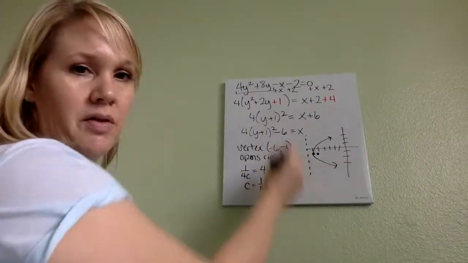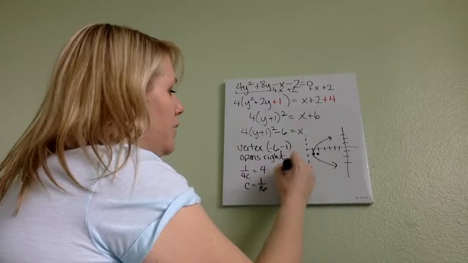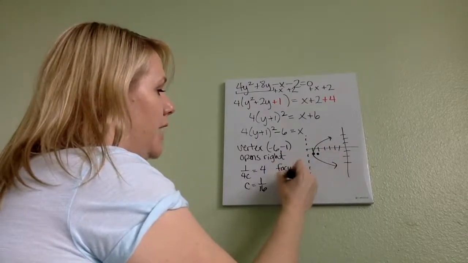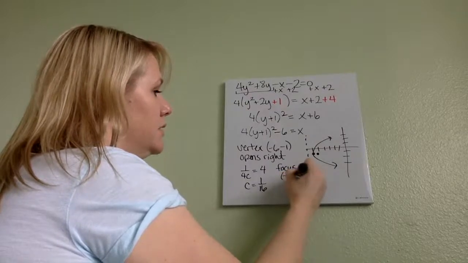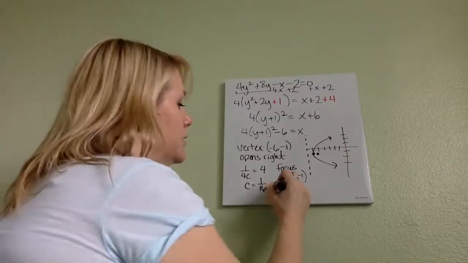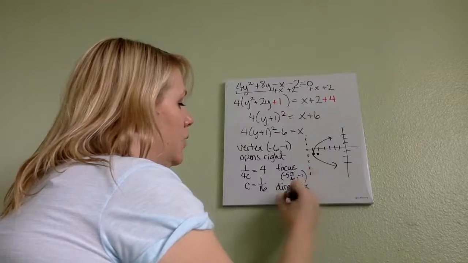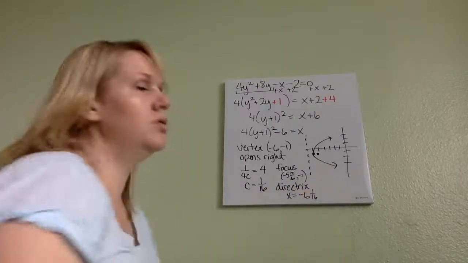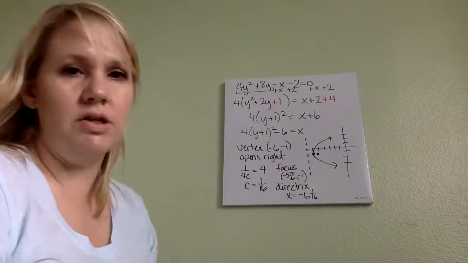So the ordered pair for the focus would then be (-5 15/16, -1). And then the directrix would be x equals -6 and 1/16. You could change that to an improper fraction if you prefer, but that's totally fine just like that.